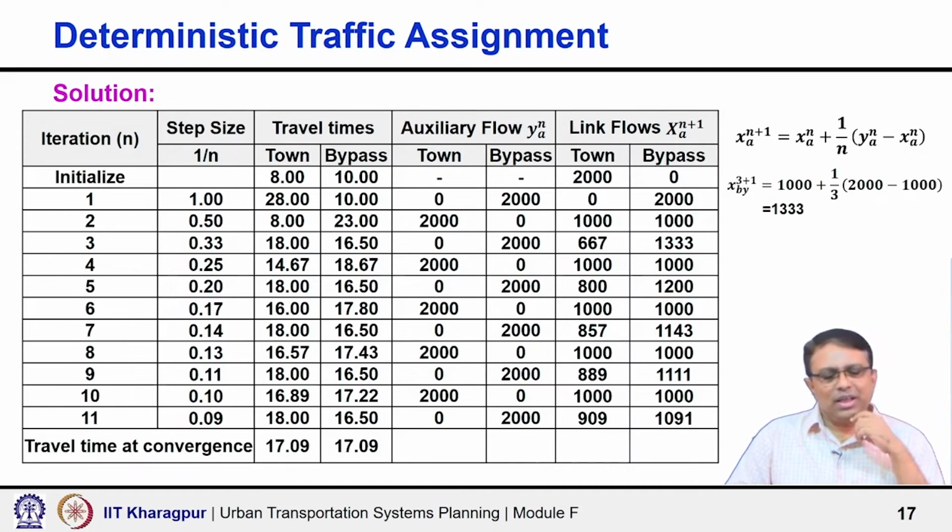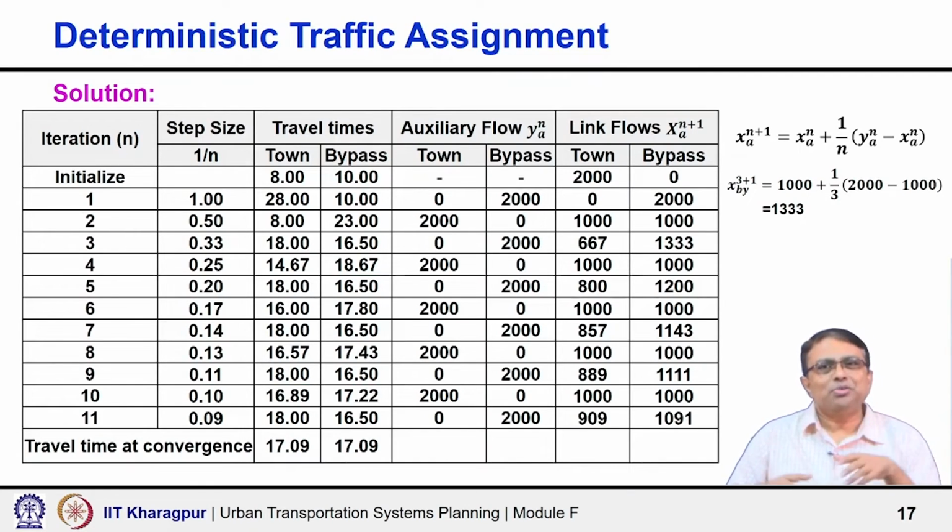So now it is 28 and 10, the bypass is cheaper, so my auxiliary flow is assigned to the bypass. You can see 0 is assigned to town in iteration 1 and 2000 is assigned to bypass. That is the auxiliary flow.